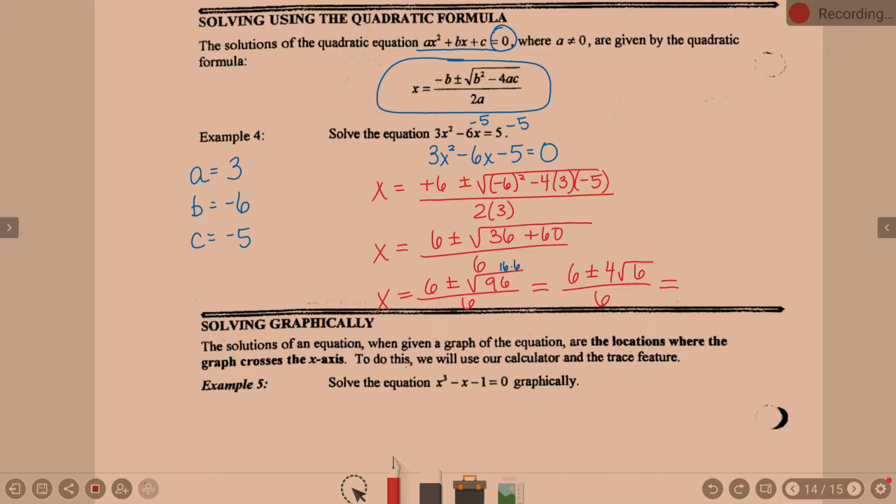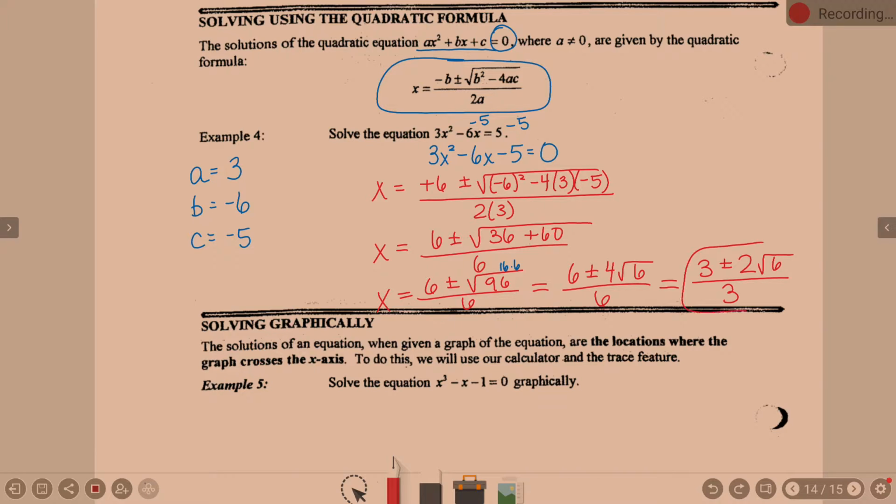If I divide them all by 2, I could rewrite this as 6 divided by 2 is 3, plus or minus 4 square root of 6 divided by 2. You're just dividing the outside number. 4 divided by 2 is 2. Square root of 6 stays. And 6 divided by 2 on bottom is 3. That would be one possible way to leave an answer.